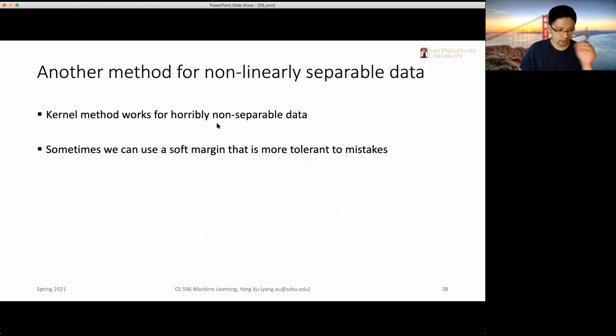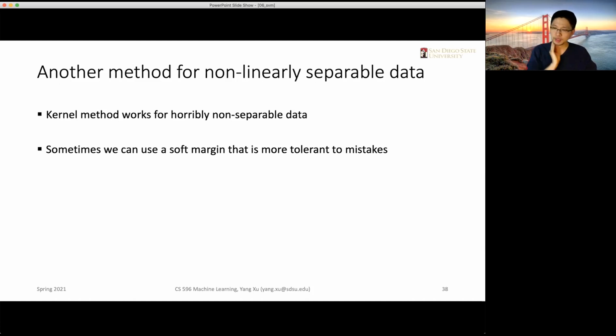All right, but kernel method is a very heavy method, right? We need to experiment with quite a lot of additional hyperparameters. We need to decide the kernel.